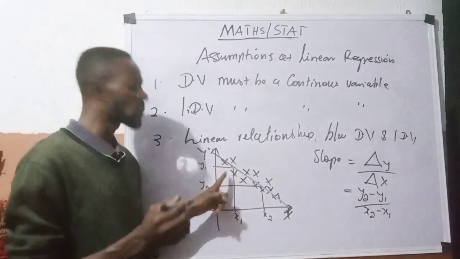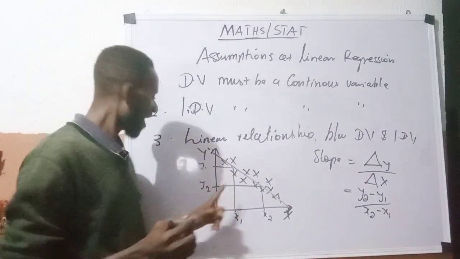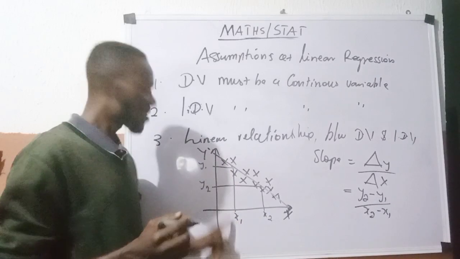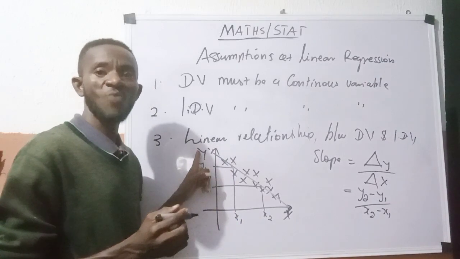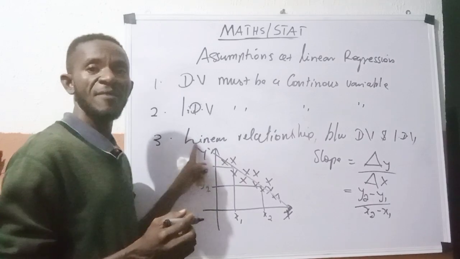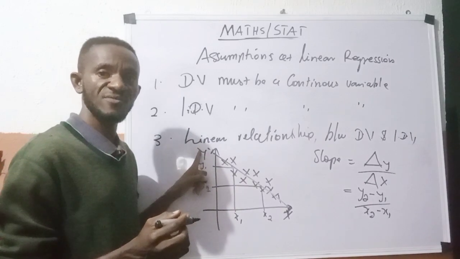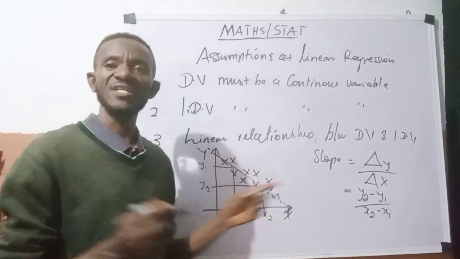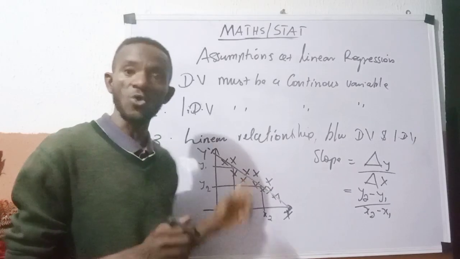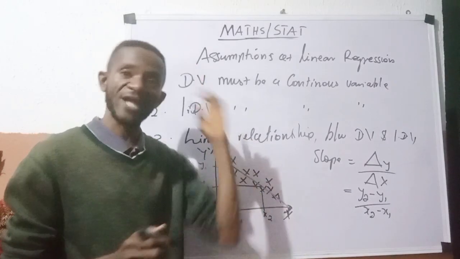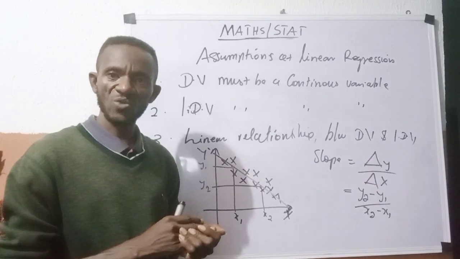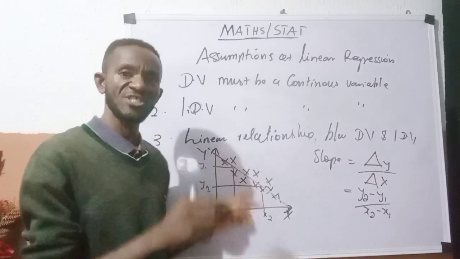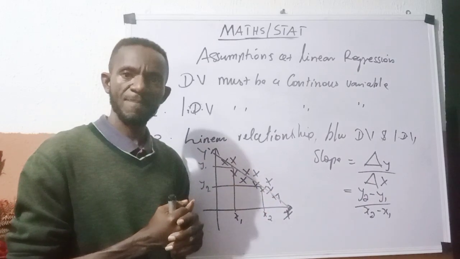So the change in y over change in x is y2 minus y1, all over x2 minus x1. But this y2 is smaller than the value of y1, so this value minus this value turns out to be negative. That will make the slope negative, and here you should be talking about a negative relationship, though it is still linear and it satisfies what we are talking about. So this is what we mean by there must be a linear relationship that exists between them.